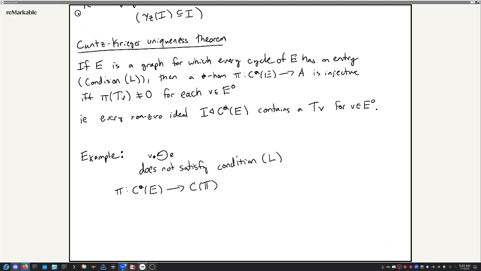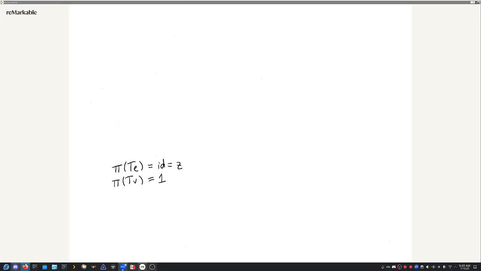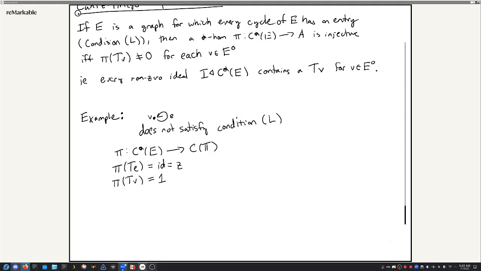We'll say pi is the following isomorphism, sending T sub E to the identity, which I'll call just T, and T sub V to the constant function 1, which is the unit in the continuous functions on the circle. So we have this isomorphism here.